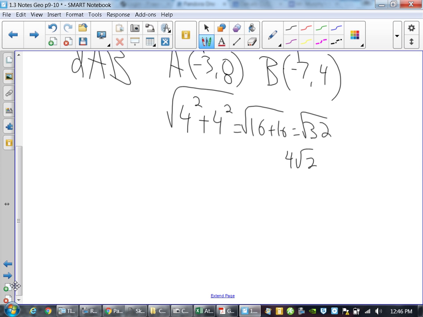Now, people have asked, if you don't have that calculator that presses that button, how do you simplify that? Well, you have to know what the square root actually means. Square root means you're looking for two numbers that are exactly the same number that are hiding within it. What you're looking for are what are called perfect squares.